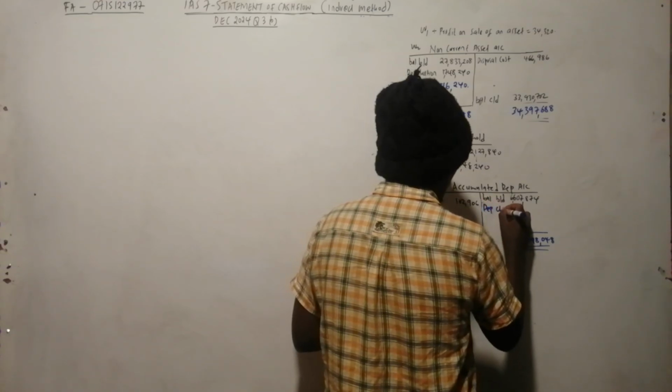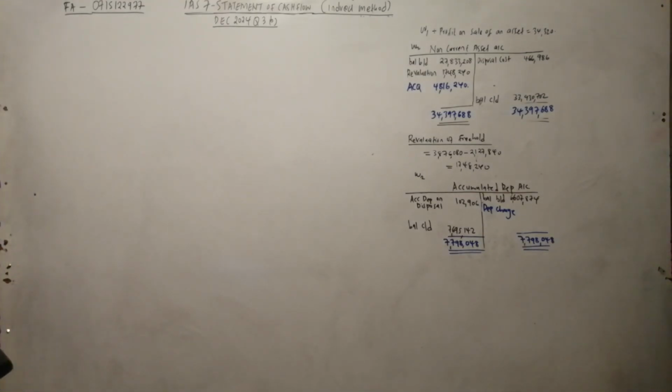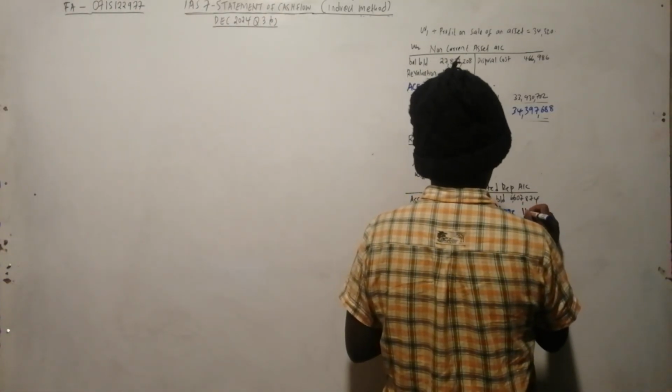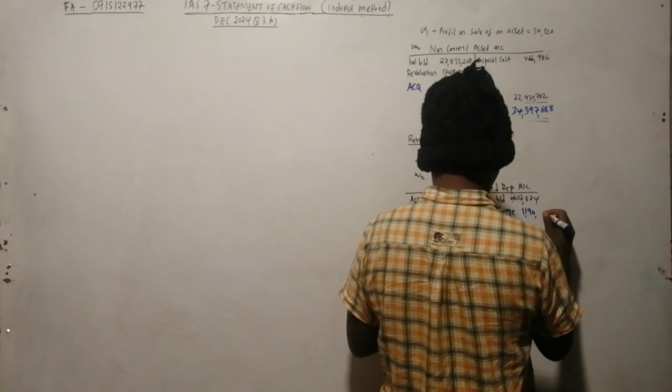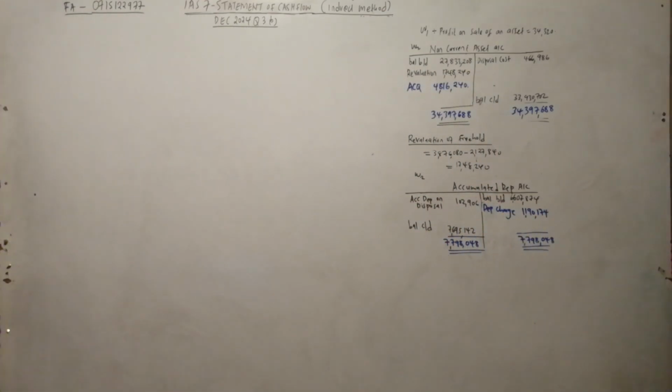This one is what we need. The depreciation charge will be 7798,048 minus 6607,874, which is 1190,174. So that's all about the depreciation account, how to get the depreciation for the year.